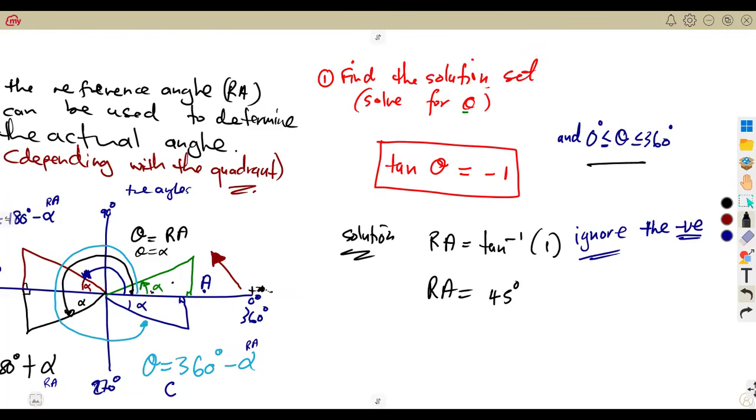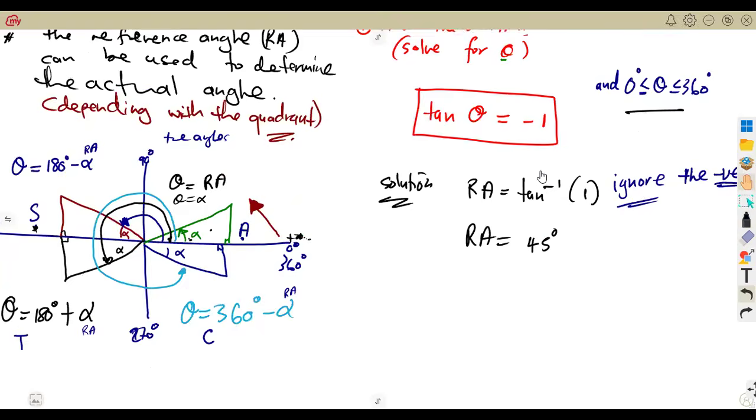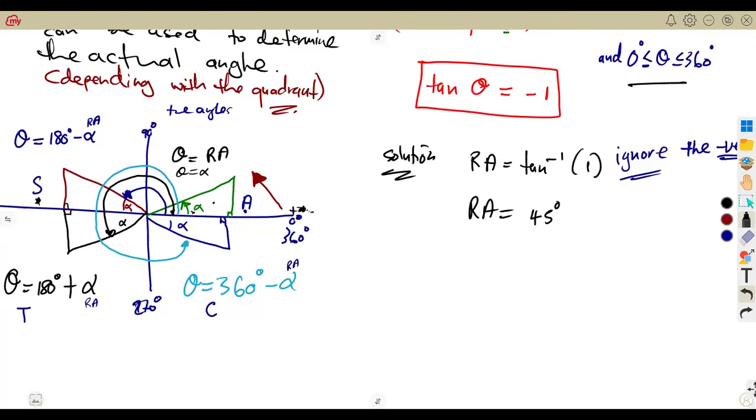Now you conclude in finding theta. Which quadrant is it, that theta, where tan is negative? Our tan is negative. The answer for tan is a negative value. Where is it that tan is negative? In which quadrant?